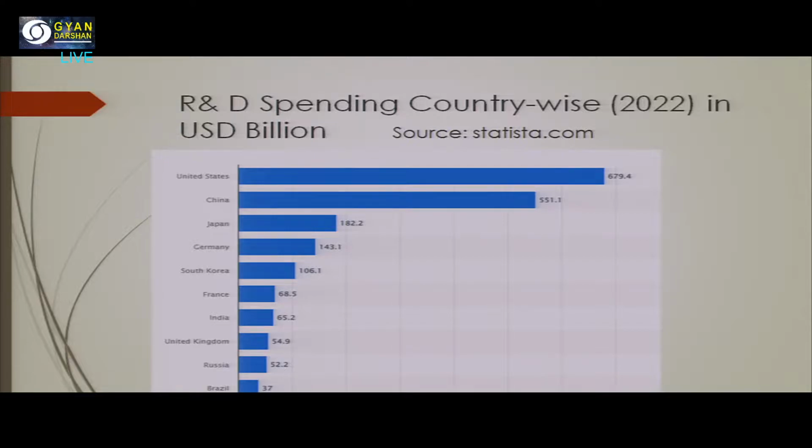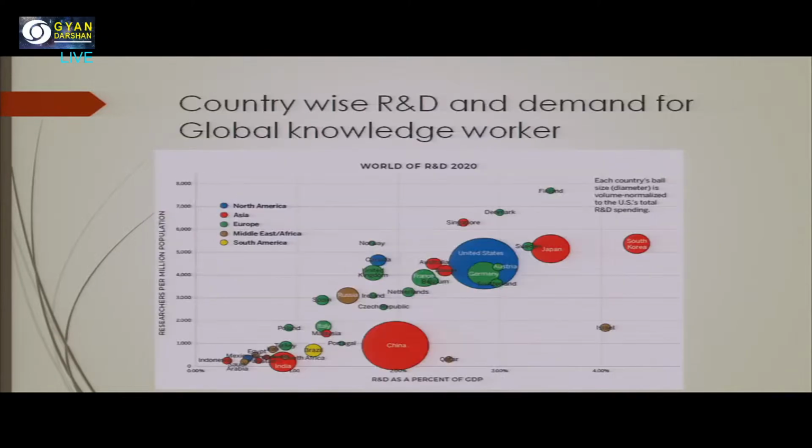India invests very little in R&D compared to other countries, but I'll be talking about how India is using it in some sectors, and how it can better harvest diaspora talent in research and development. If you see the global map, the big circles are countries investing huge in R&D, and this is what drives the economy.